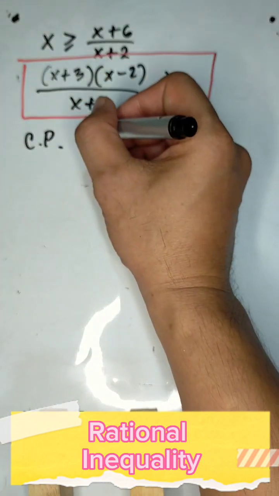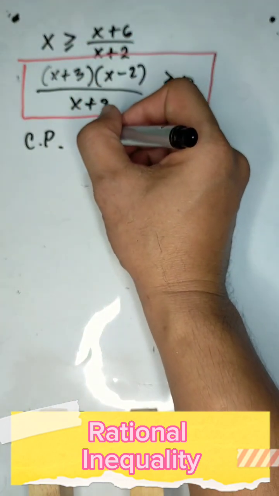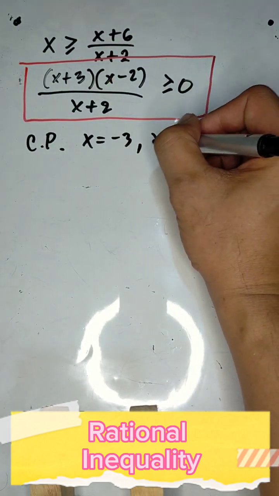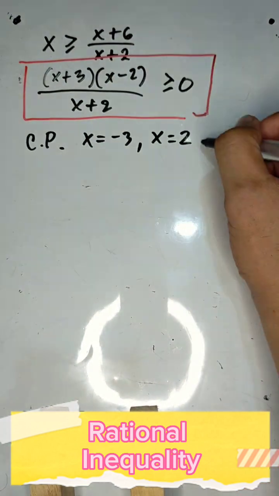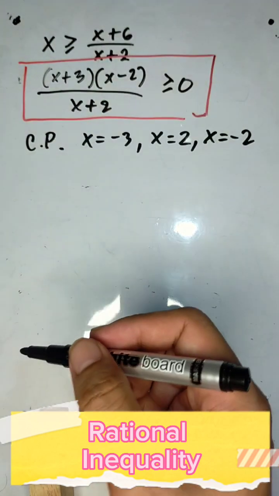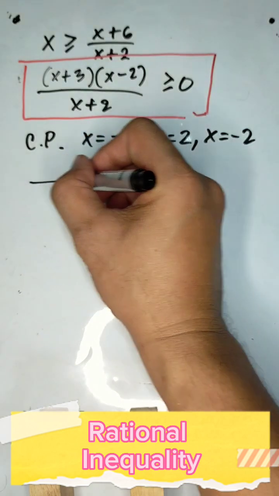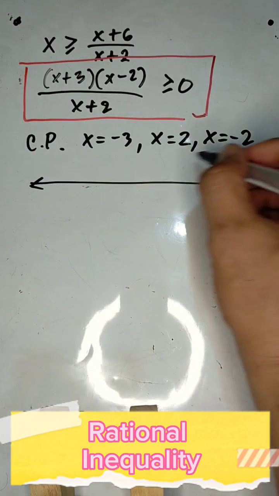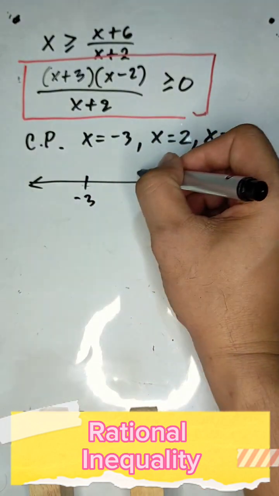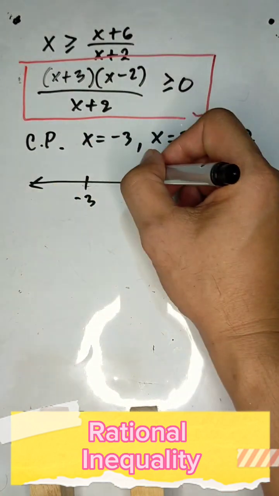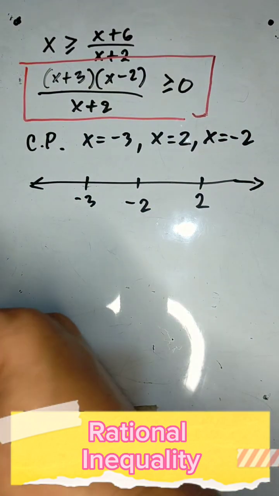For the numerator, the zeros of the numerator are when x equals negative 3, and when x equals 2, and then x equals negative 2 for our denominator. Well, let's now draw the real number line with our critical points. We'll start from negative 3, negative 2, and then 2. Again, we have 4 intervals.